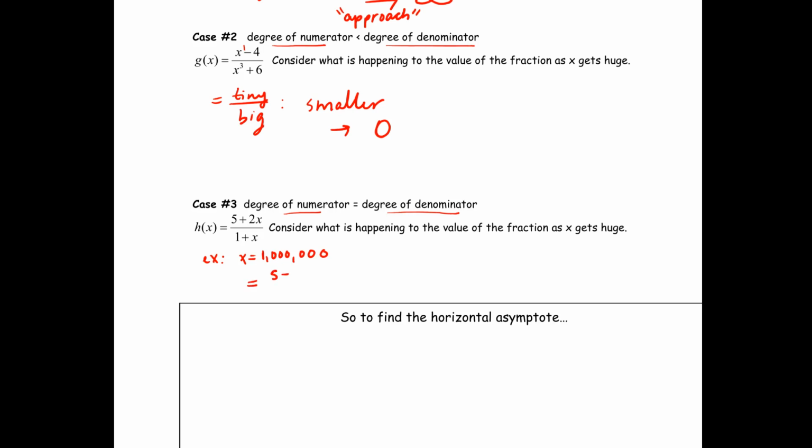It would equal 5 plus 2,000,000 over 1 plus 1,000,000. So if I actually did this on my calculator, I have 2,000,005 over 1,000,001, what does it show it's equal to on your calculator? I might have not put enough zeros. What is it getting close to?